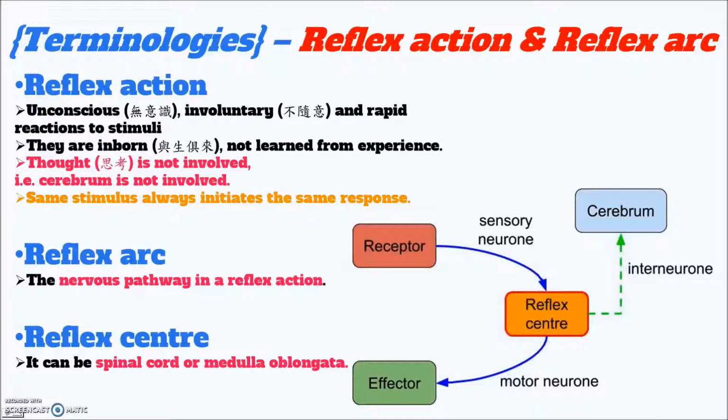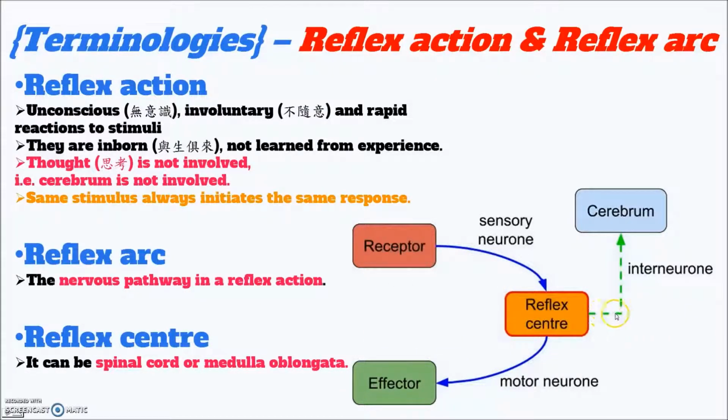And the reflex arc is the specific nervous pathway in the reflex action. It consists of the receptor, sensory neuron, reflex center, which can be the spinal cord or the medulla oblongata in our brain, and then the motor neuron, and then the effector. So that's the reflex arc, the nervous pathway involved in the reflex action.